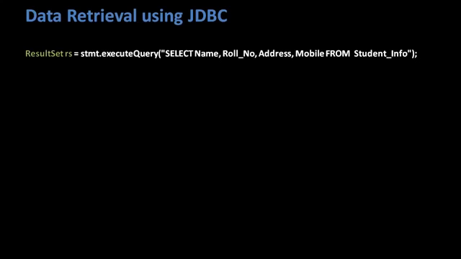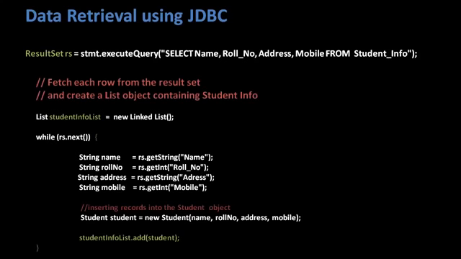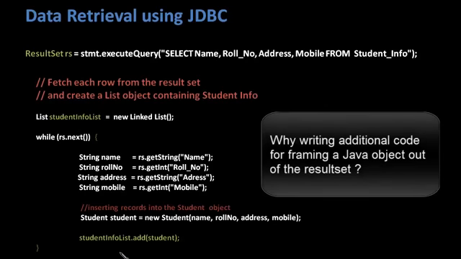Similarly, if you want to retrieve records from the student info table in a Java application, you first get the result set, and then you frame a Java object, typically a collection object, for example a list, out of the result set like this. Hibernate says this is an overhead in the application. Why do you have to write additional code to frame a Java object from the result set?